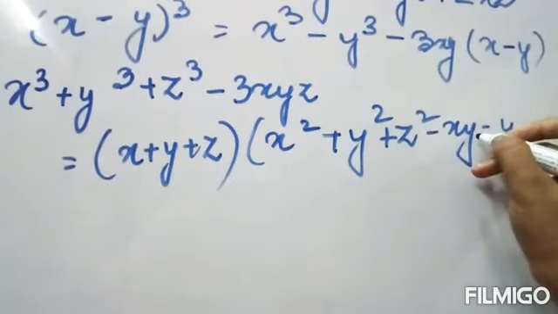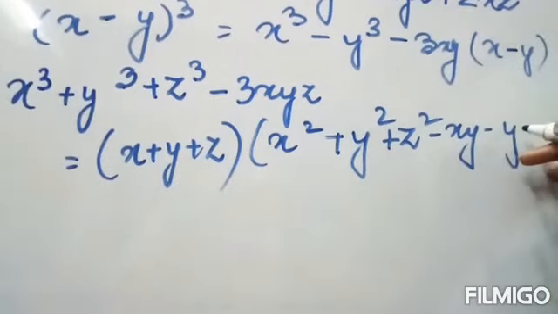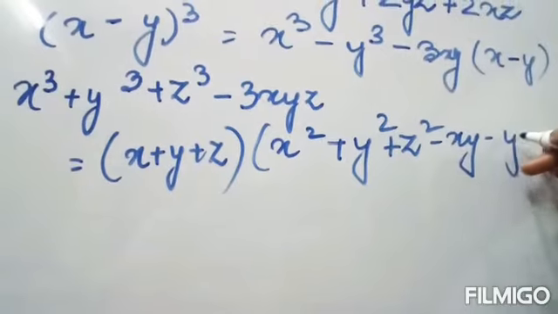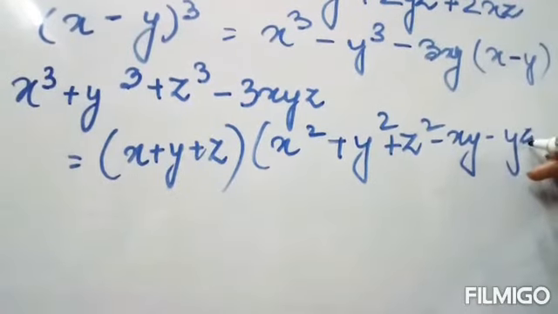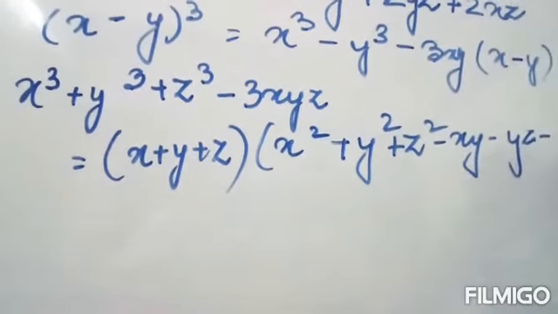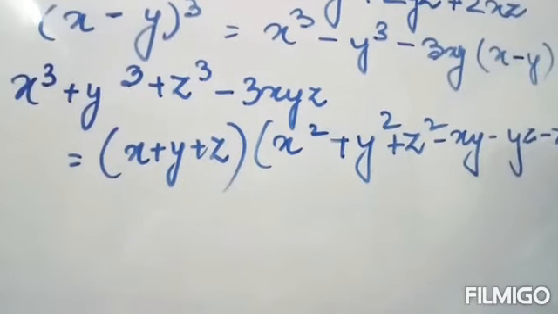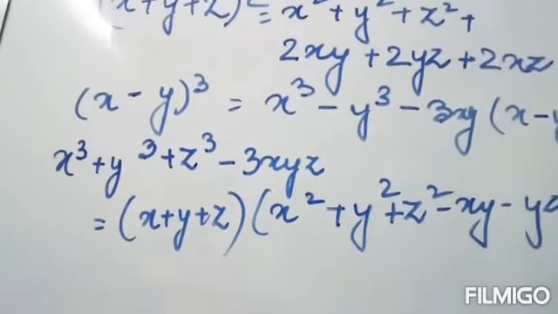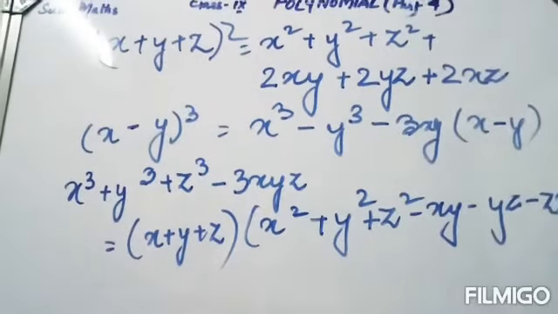See, xy ends with y, so the next starts with y; yz ends with z, so the next starts with z: zx. In this way you remember the identities.